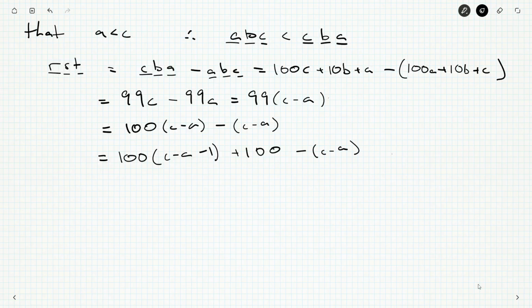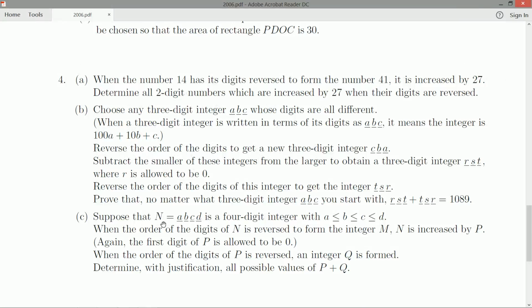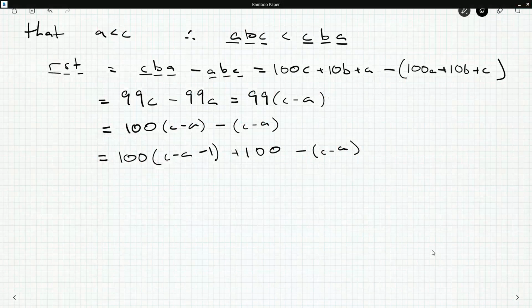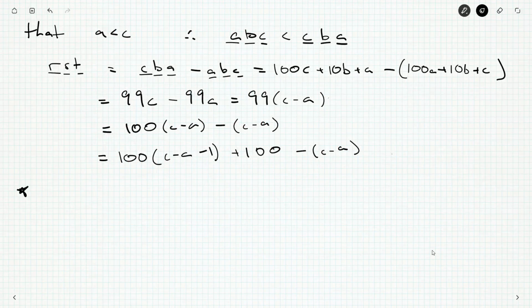Okay. Now, I want to show that C minus A can be 1, but it shouldn't be allowed to be 0. Actually, no, that's obvious. A is less than C, so C minus A is greater than 0. A is bigger than or equal to 0. Technically, A should be bigger than 0, and whether or not that comes into play, we'll find out later.